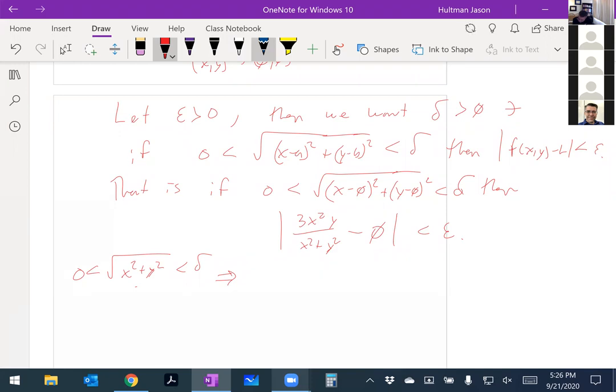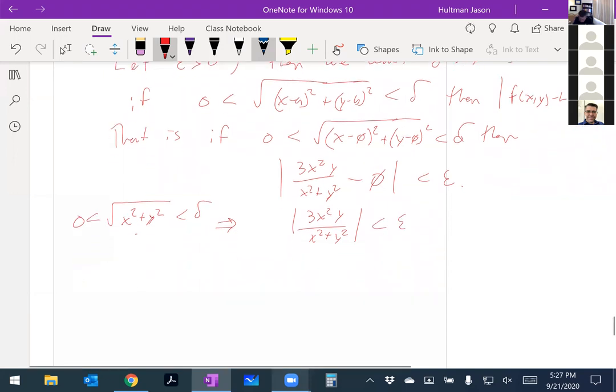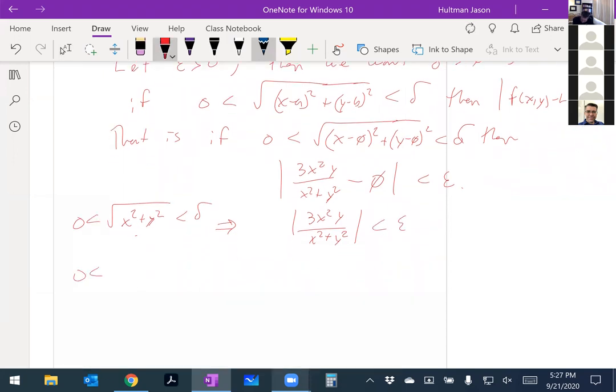Okay, this thing will imply what? Well, let's clean this guy up. This is the absolute value of 3x squared y over x squared plus y squared is less than epsilon. So again, I'm going to bring this down. This thing here, x squared plus y squared is less than delta, implies what? Well, we've got a lot of squareds here, and if I take a value and I take the absolute value of a squared, it's the same value.